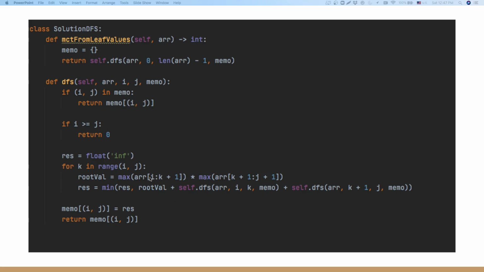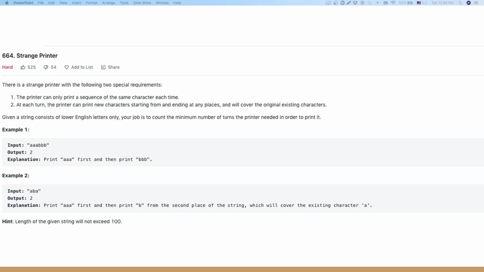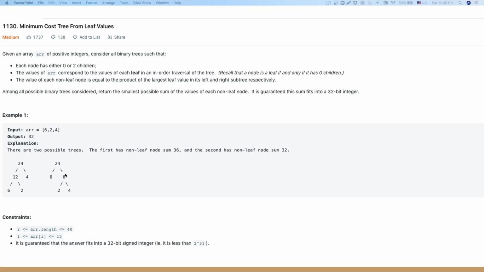For example, right here, let's say we have 6, 2, 4. So we are picking 2 first. So we are picking somewhere in the middle.